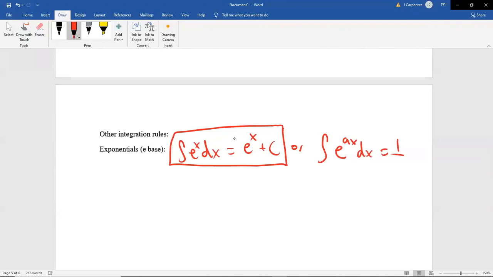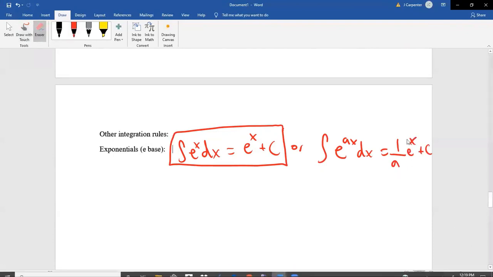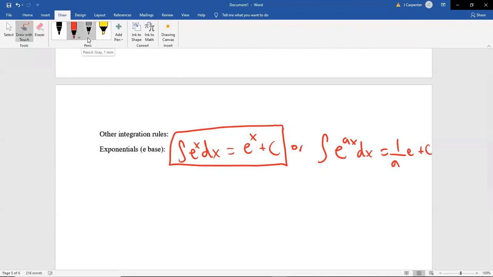This would be 1 over a times e to the ax plus C. So the first version is if the exponent is just a plain Jane x. Honestly, we won't see that a lot. This version is if there's an extra constant in there.